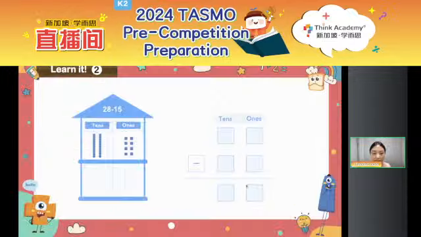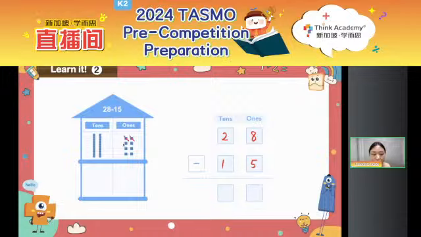How about this? This time we want to do the minus, right? So 28 minus 15. How can we do this? Okay, so the first step is still align the tens and the ones. So 28 minus 15 means that we need to take away 5 ones, right?